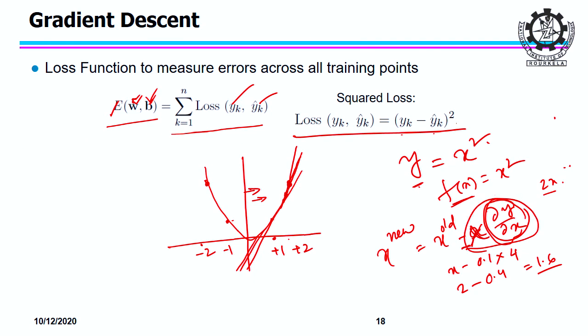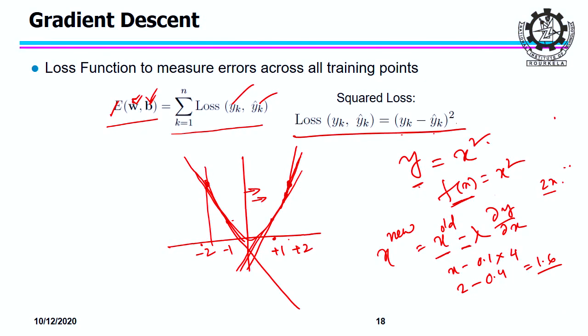Now, imagine a situation where you started with the value of x equal to minus 2. Let us say minus 2 is somewhere here. Again you draw the slope here, and this slope is essentially negative. This is a straight line, and this slope is negative.